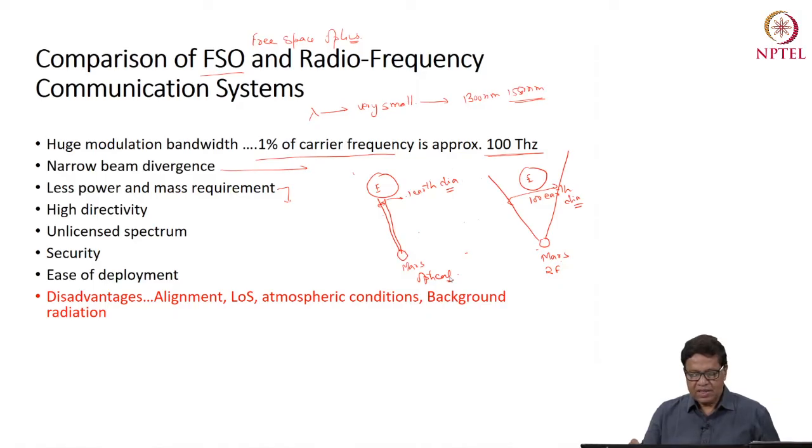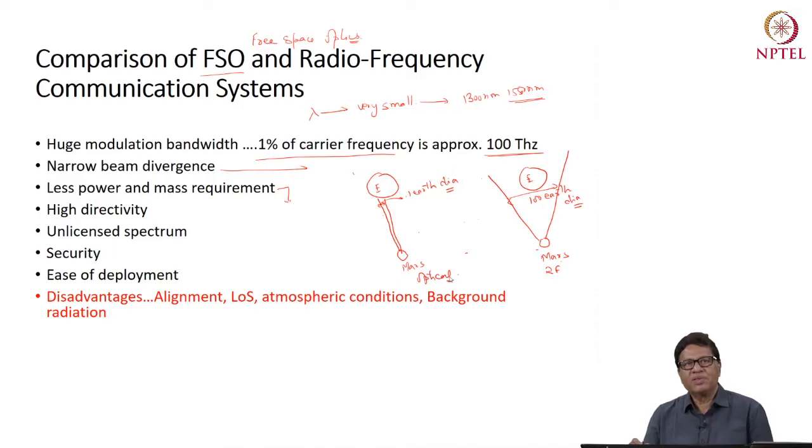You require less power and mass. So the components used in outdoor optical wireless communication are small in size. The antennas used here are small as compared to RF systems, where the size actually depends on the wavelength.